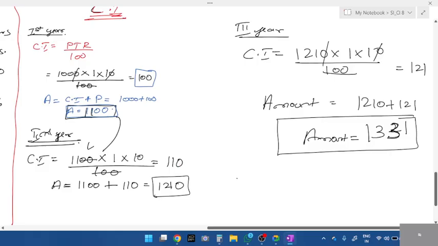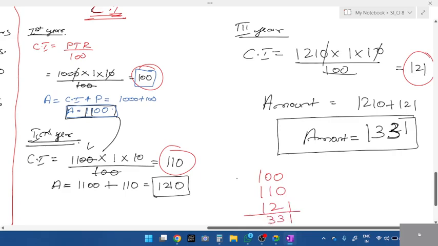See, we'll get all the values. The beauty of compound interest is you get all the values. Tell me the overall interest, students. What is the interest for the first year? 100. For second year, what is the interest? Only the interest. Look at all the circled ones. Third year, if I add all this, what am I getting? 331.